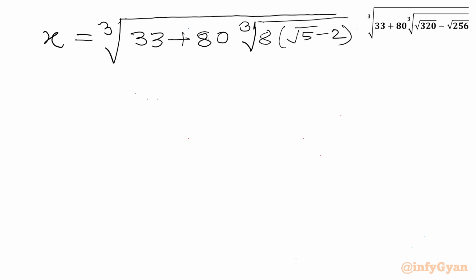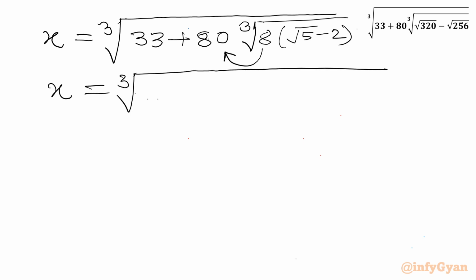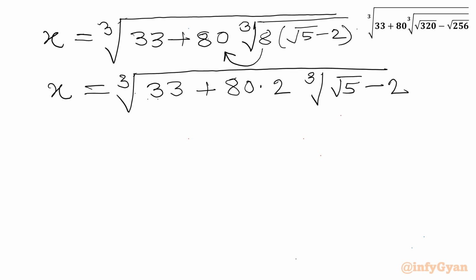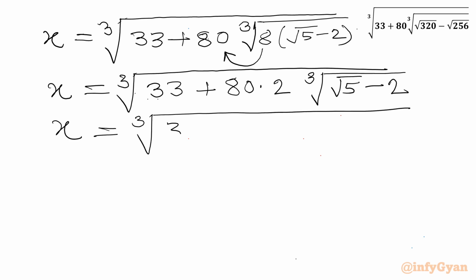In next step, I will take this 8 as 2. So x will become cube root of 33 plus 80 times 2 cube root of root 5 minus 2. Or I can write x equal to cube root of 33 plus 160 cube root of root 5 minus 2.